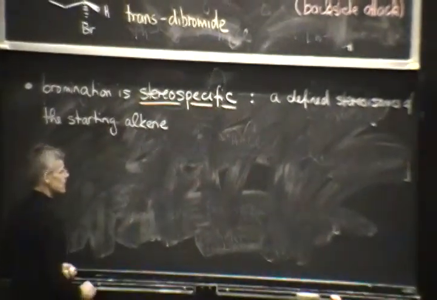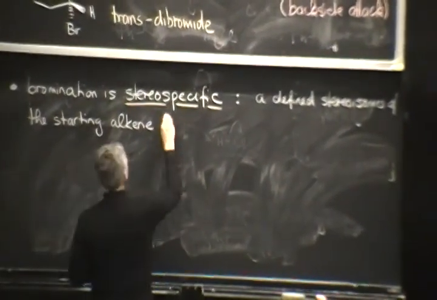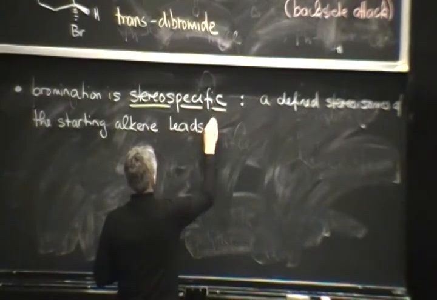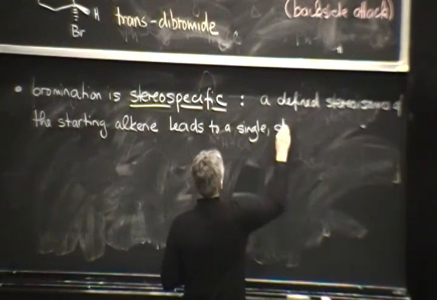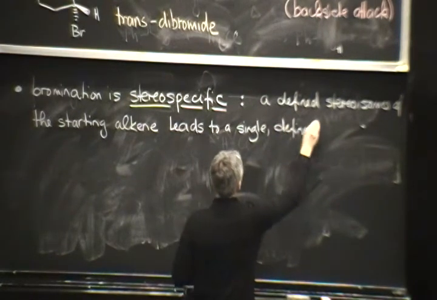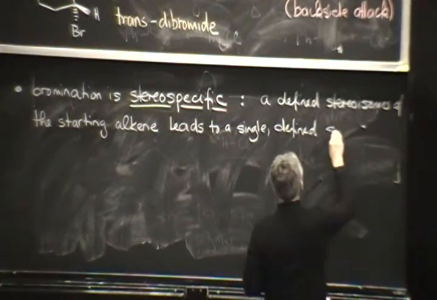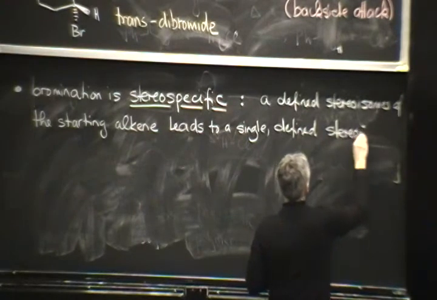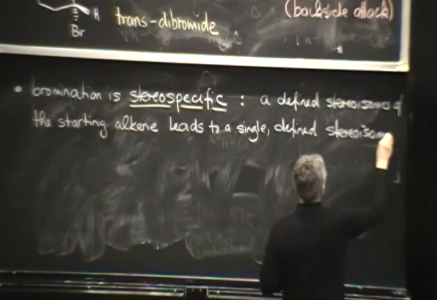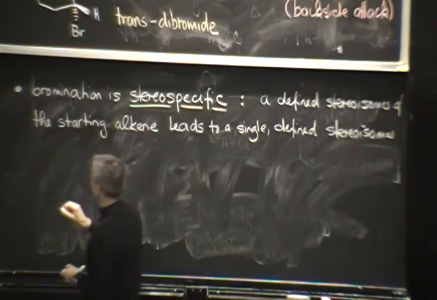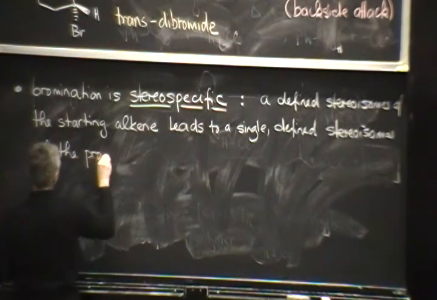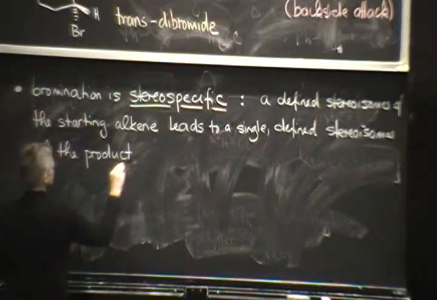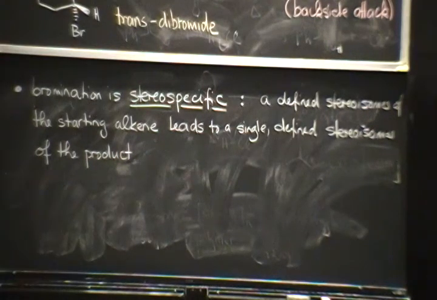A defined stereoisomer of the starting alkene leads to a single defined stereoisomer of the product. And I'll show you in a minute an example of what that means for the alkene addition.